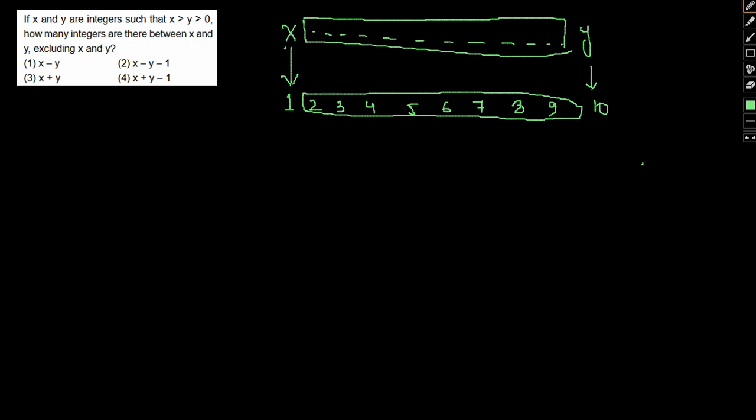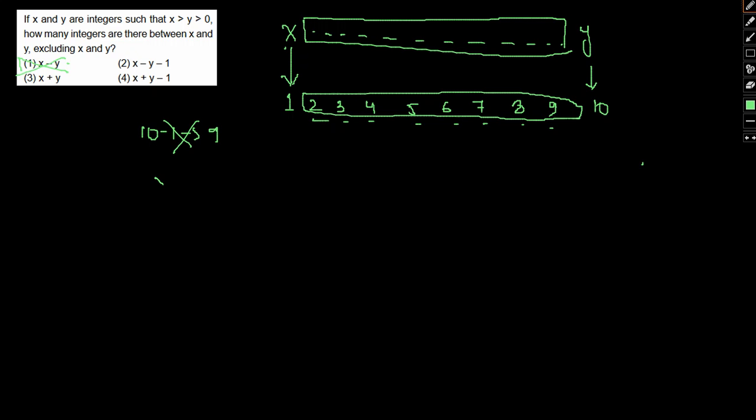Okay, now let's go option by option. If we go with option A, we have 10 minus 1 equal to 9, but how many numbers do we have? 1, 2, 3, 4, 5, 6, 7, 8. Okay, so it is not valid, so option 1 is a wrong answer.